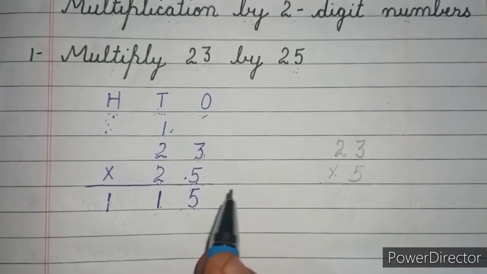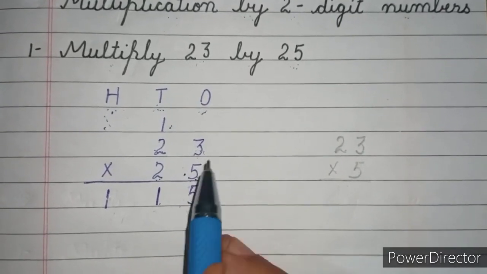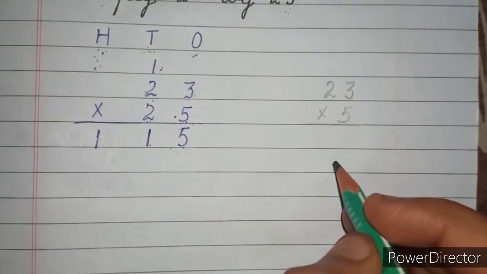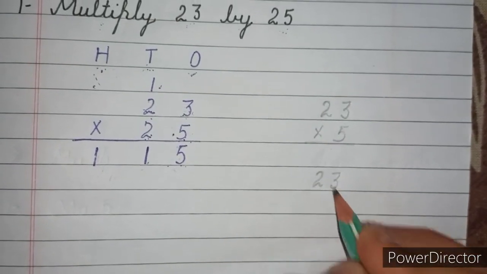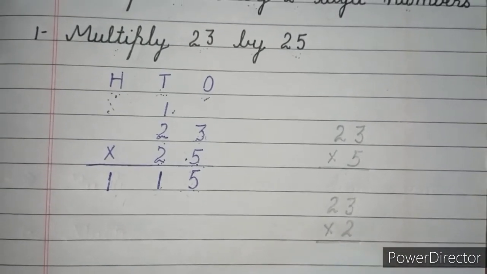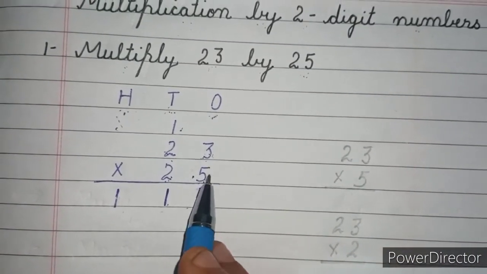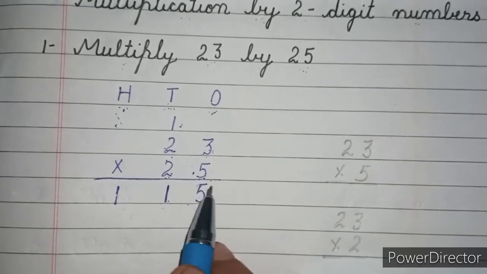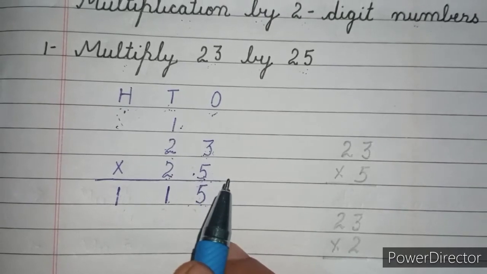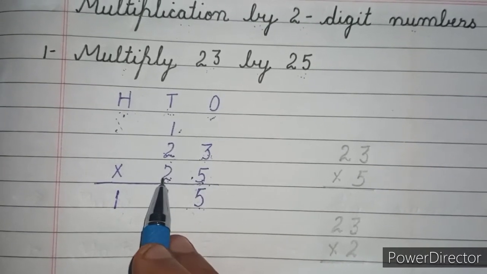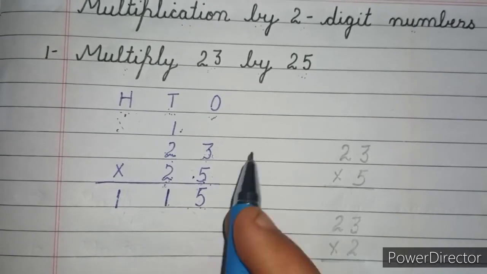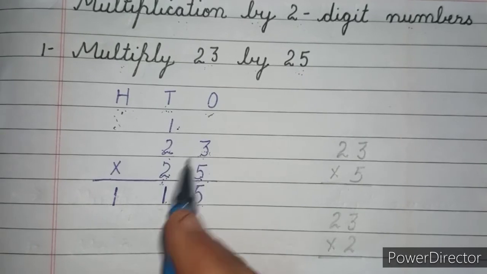Now we have to multiply 23 by 2. We will not multiply again by this 5. Now we will go to the tens column, that is this 2.